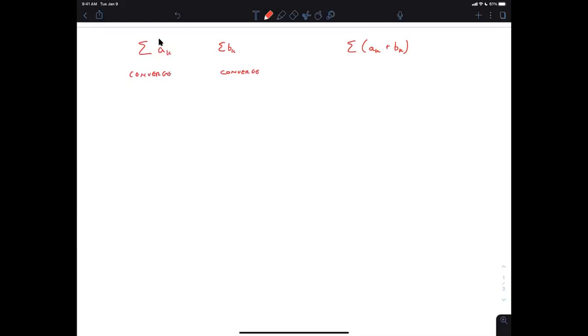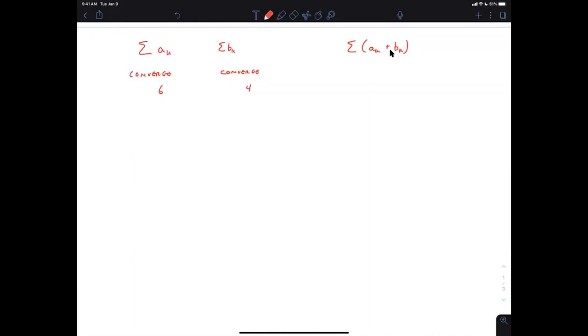Maybe that converges to 6, and this converges to 4. So you add all the A's and you get 6. You add all the B's and you get 4. What do you think would happen if you added each independent value of A to each independent value of B and then totaled it? You guys get what I'm asking?